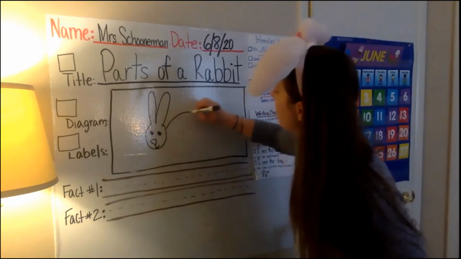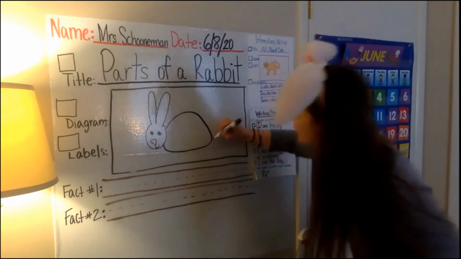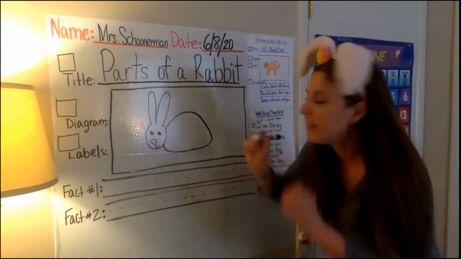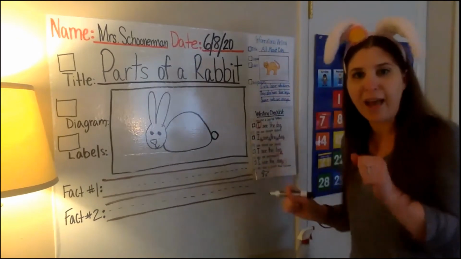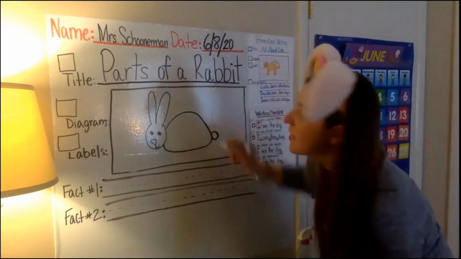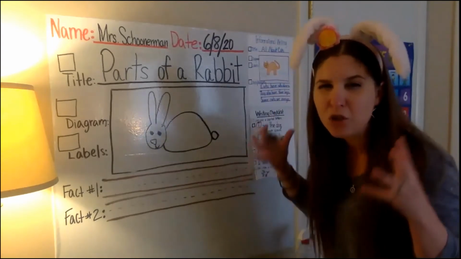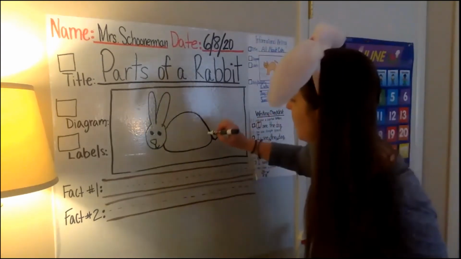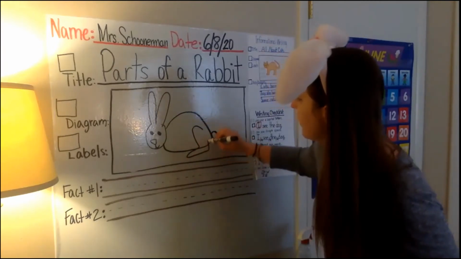And then they've got a body behind them here. And usually they have a little tiny, itty bitty tail. So I'm going to do a little fluffy, round cottontail there. And in the video, I really paid attention to the part where he said they have very strong back legs. So I'm going to make these big, strong back legs here.